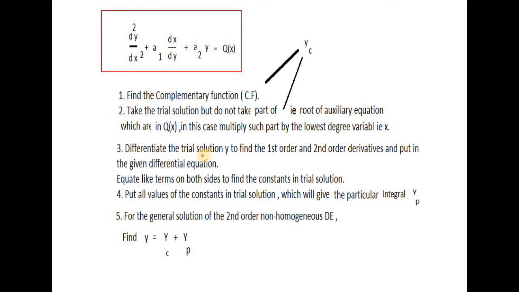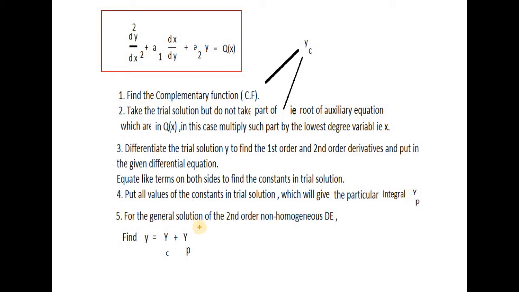3.3 Differentiate the trial solution y to find the first order and second order derivatives and put them in the given differential equation. Equate like terms on both sides to find the constants in the trial solution. Put all values of the constants in the trial solution, which will give the particular integral yp.